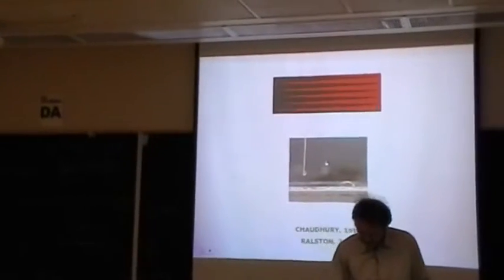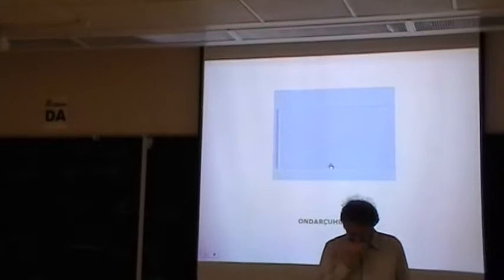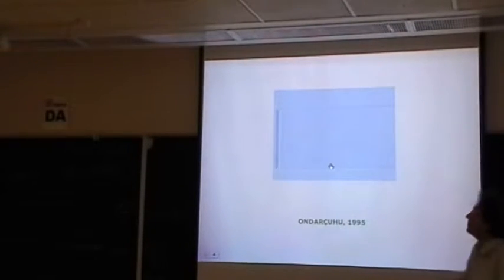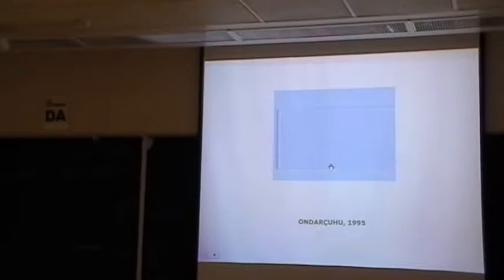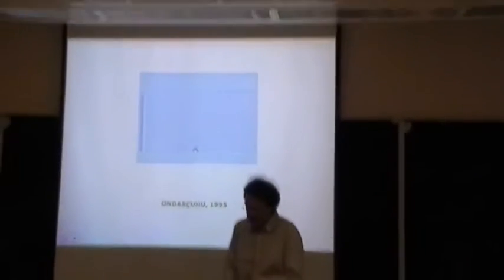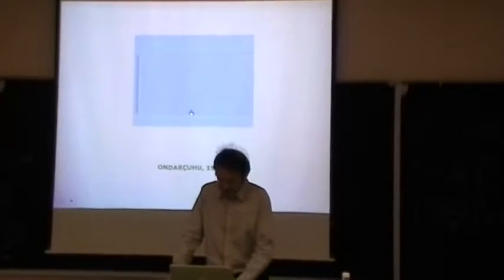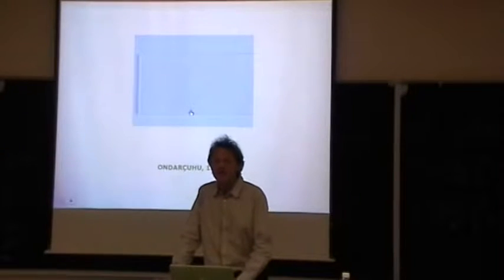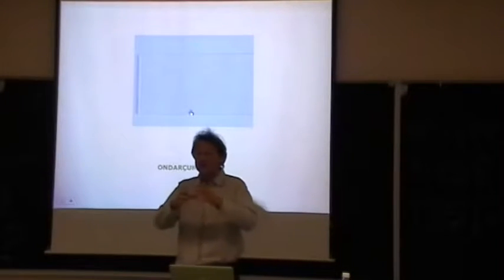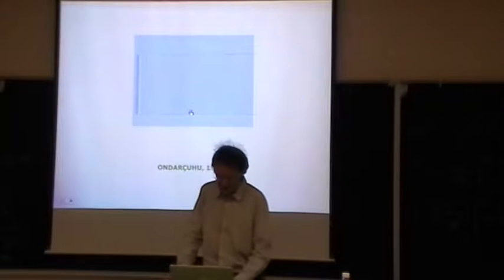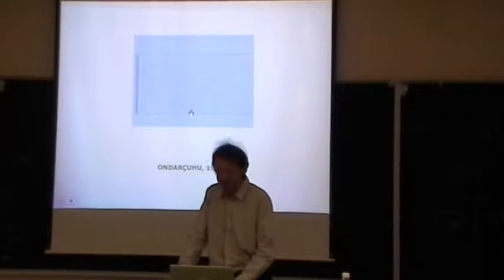The first example of that was found by Thierry Ondarçuhu 15 years ago. This is a top view of a glass plate. And on this glass plate, Thierry deposited drops of octane. If it were pure octane, it would gently spread on the glass. But it's not pure octane.